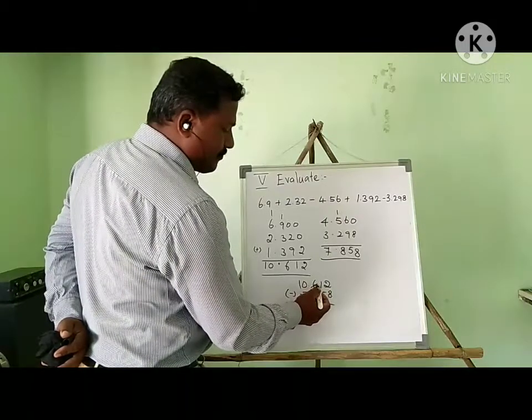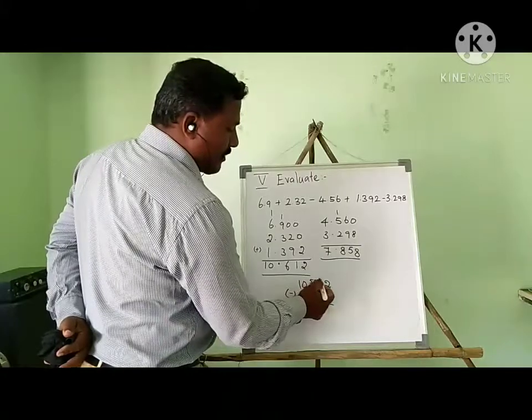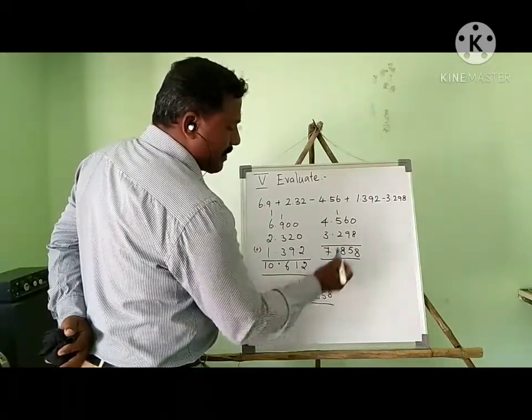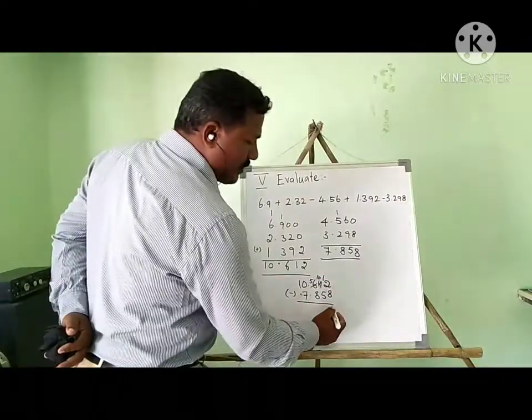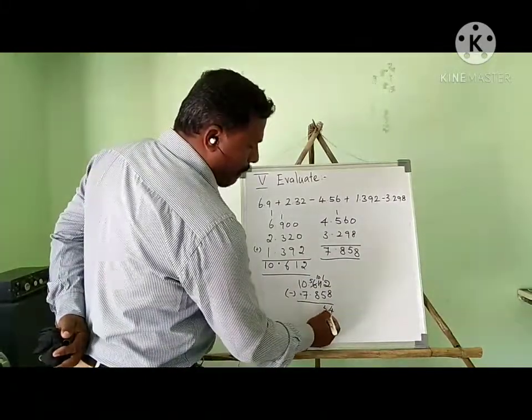Here 5 becomes 5, here 11 becomes 10, here it becomes 12. So 12 minus 8, 4. Here 10 minus 5, 5.